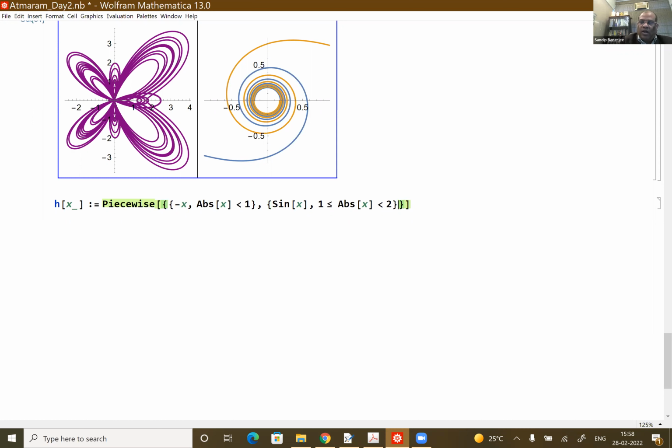And the final one is cos x if your absolute value is greater or equal to 2.